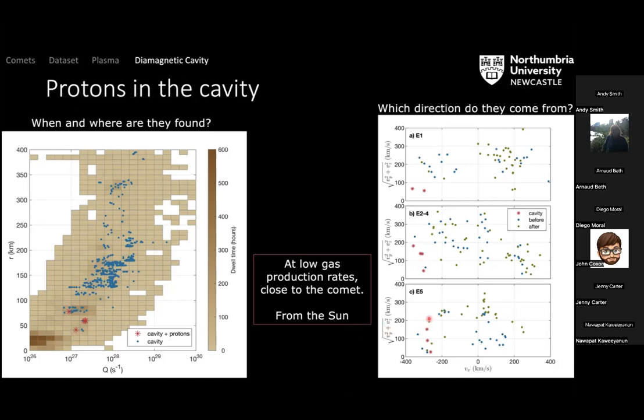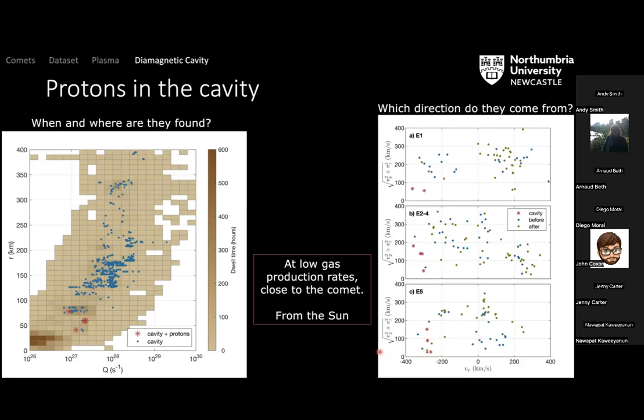Then we can look at which direction the protons come from, and I've already alluded to this. So these are the events. And you can see that anytime the protons are inside the cavity, we see them preferentially at very high x speeds, and we also see them preferentially at lower radial speeds, which indicates that they're not deflected and come straight from the sun.